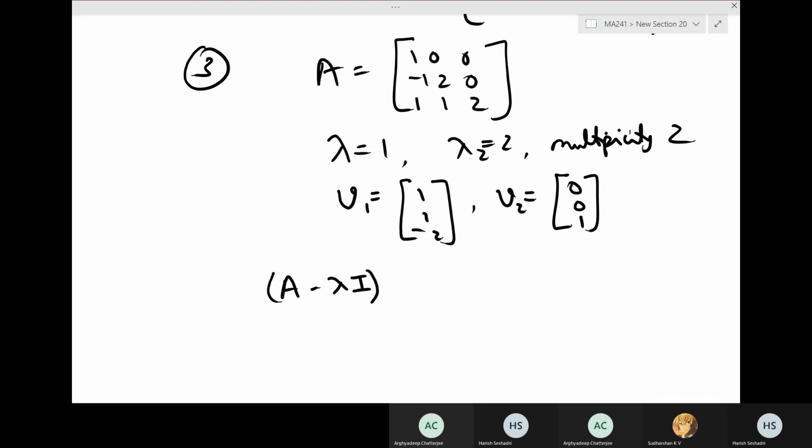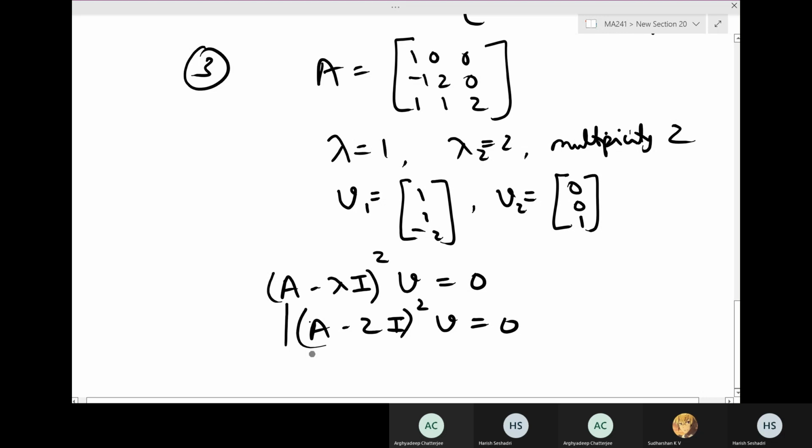In this case, the multiplicity is 2. So I have to take 2, because if I don't put any power, I'll get a regular eigenvector, and it'll be just a multiple of v2. But if I put a 2 here and then try to solve this equation, well, I might as well put (A minus 2I) squared v.